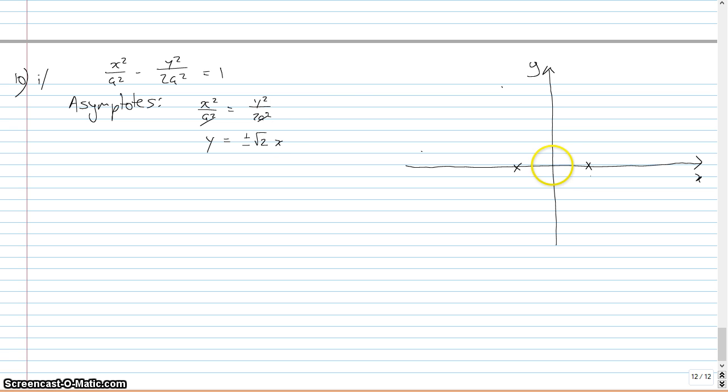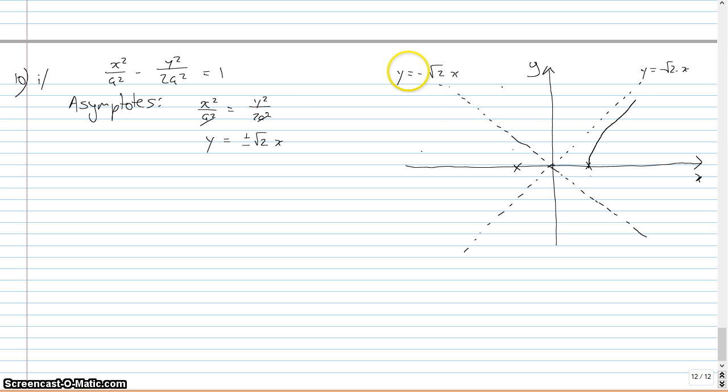So 2 lines passing through the origin. So this is y equals root 2x, and another line like that, which is y equals negative root 2x.